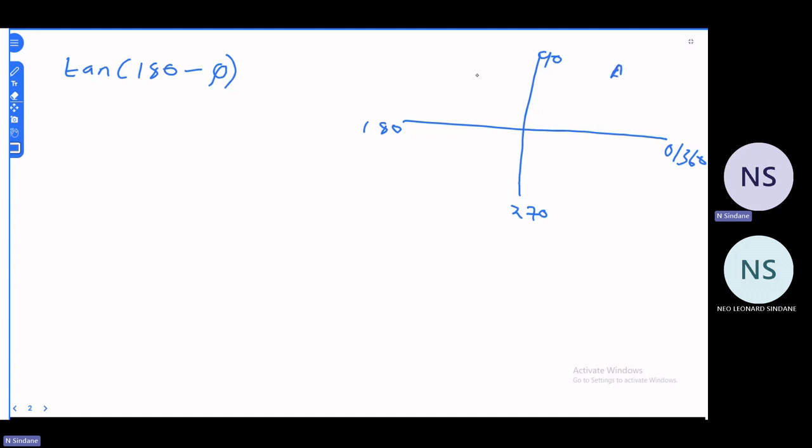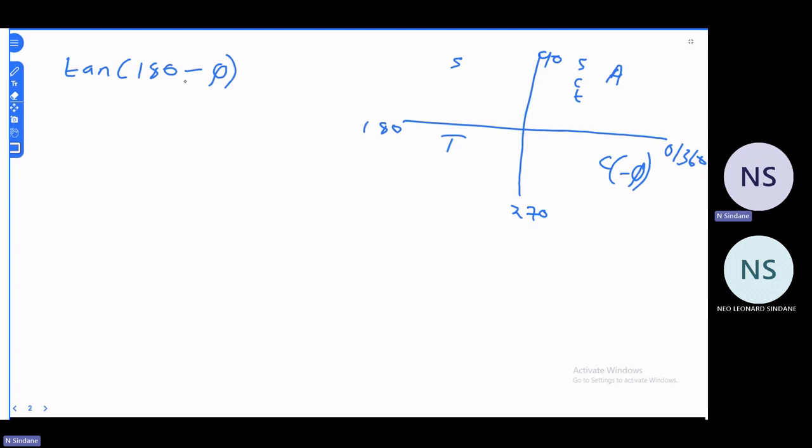We have All Students Take Cosine, right? All is at the top. So in this case, all sine, cos, and tan are positive. This is where sine is positive. This is where tan is positive, and this is where cos is positive. And we also find the negative angle, right?